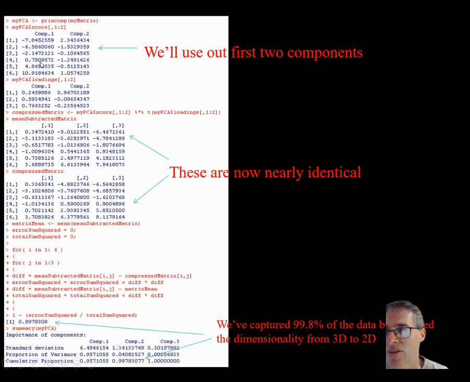So if instead of just using one column to represent our data, we use two columns, when we rotate the data back and calculate this error sum squared, we get 99.8%. Or with much less typing, we can get this number here, which says that if you go from your original three-dimensional space to a two-dimensional space, when you rotate back to the three-dimensional space, you can recover 99.8% of your data.